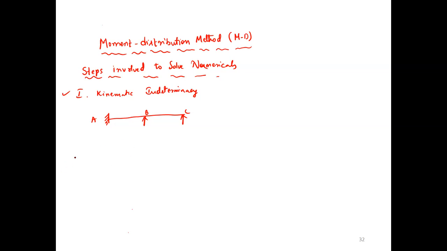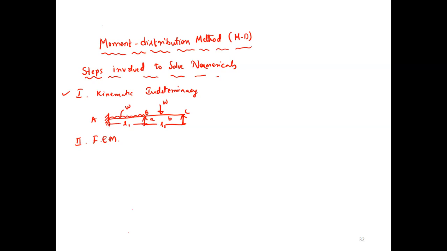The second step is FEM, fixed end moments. If I put a UDL, and an eccentric load, say here W, with L1, here W, A, B, and total length L2. What is the FEM?